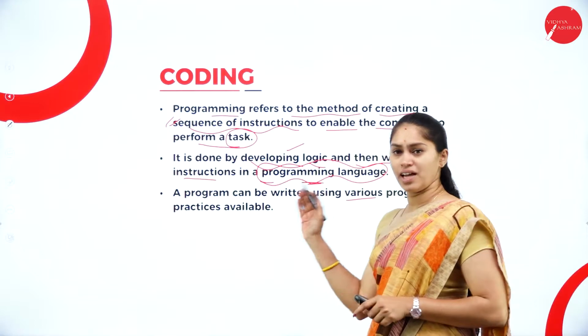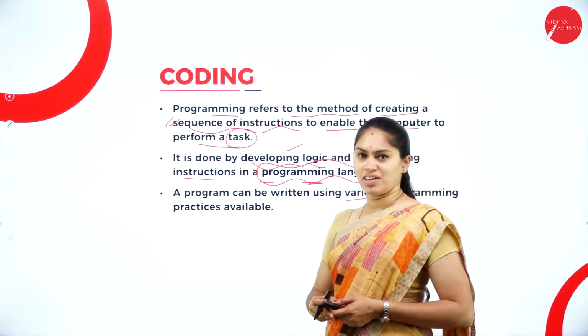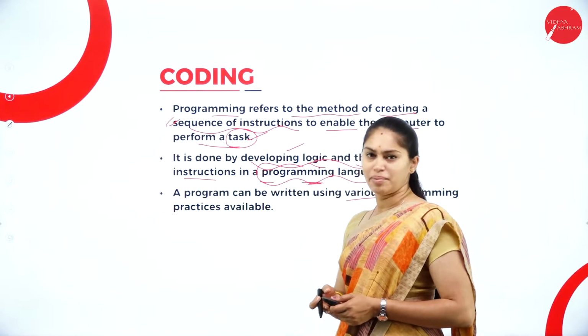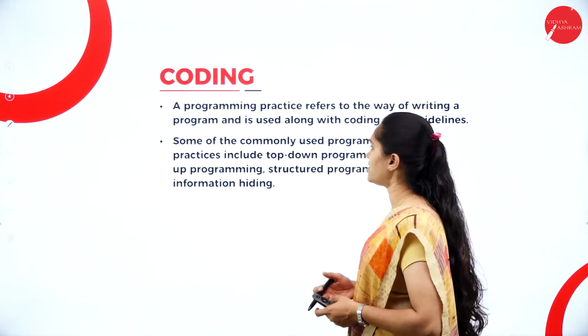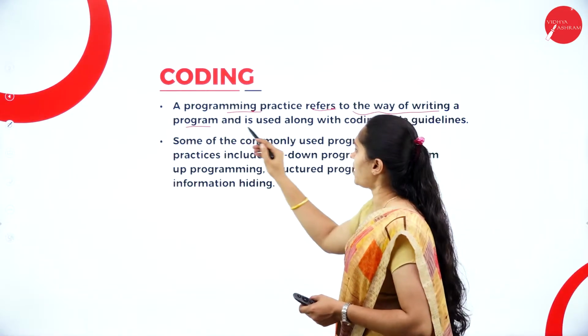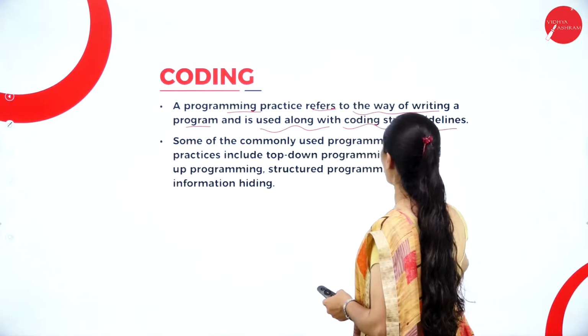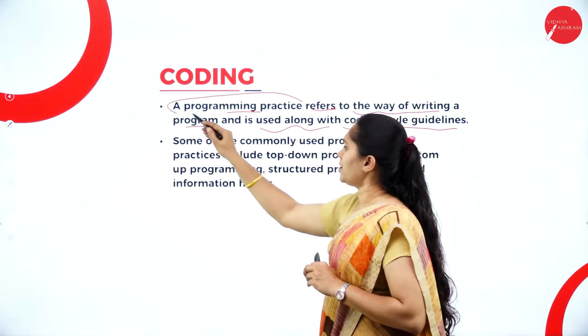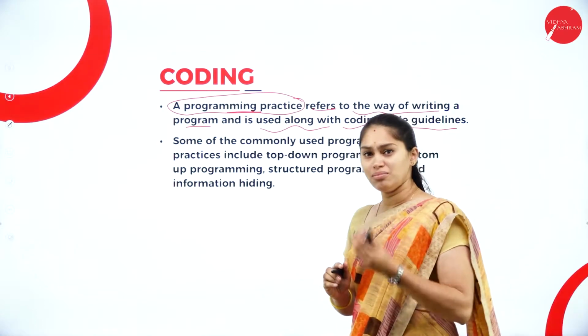We also have various types of programming languages to make the computer perform a particular task. Here you can see that programming practice refers to the way of writing a program, used along with coding style guidelines. Mainly we have to concentrate on what programming practice means.